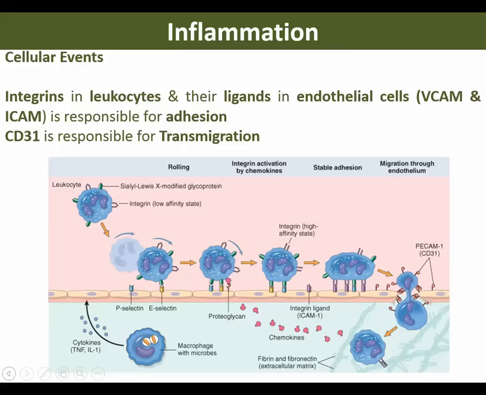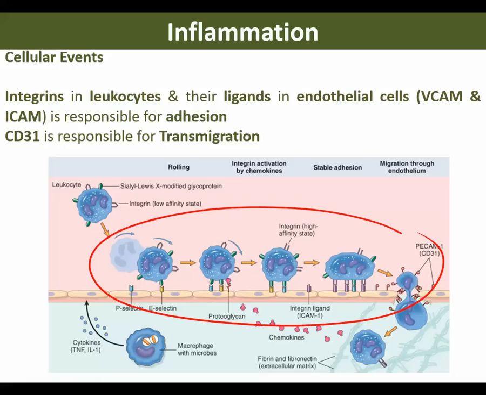Now cellular events. I told you when the blood cell neutrophil touches the endothelium, the endothelium gets activated. They release a protein that holds the neutrophil and they throw it out. It is a little bit molecular level, don't worry about it. The concept you have to understand is that blood cells should travel in the center.